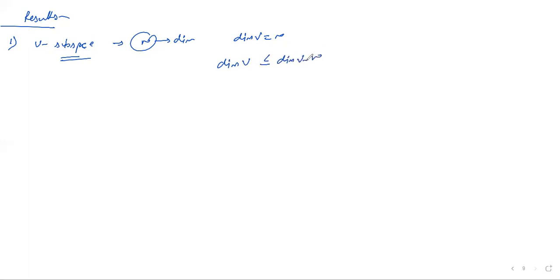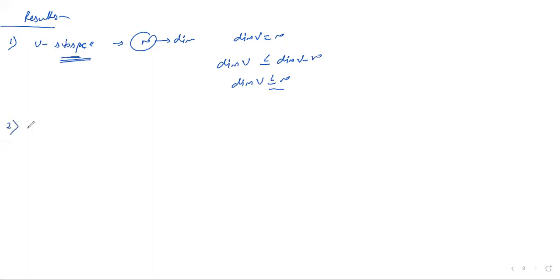If u is a subspace of a finite dimensional vector space v, which has dimension n, that is, dimension of v equals n, then the dimension of u is less than or equal to n, because it is its subspace.